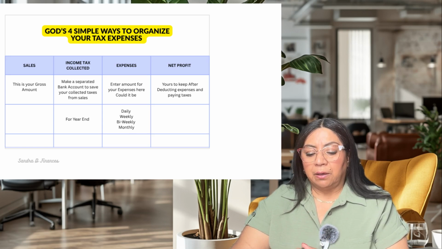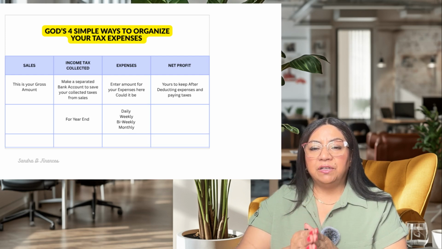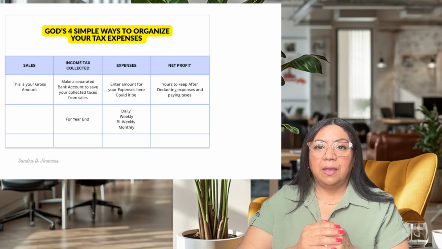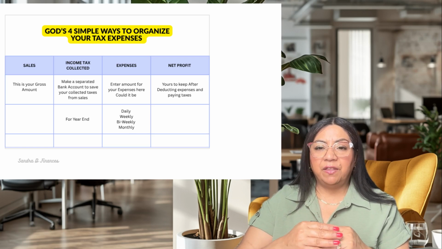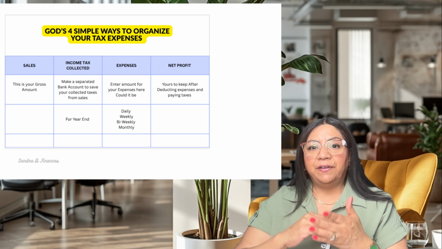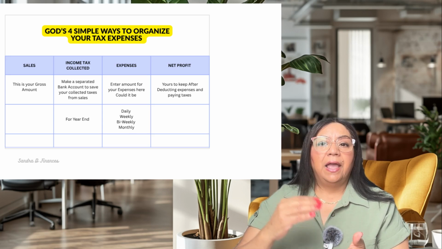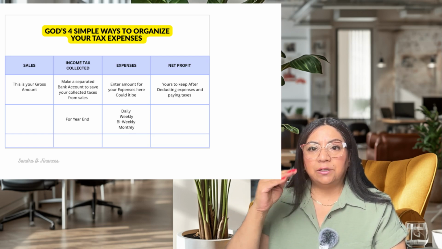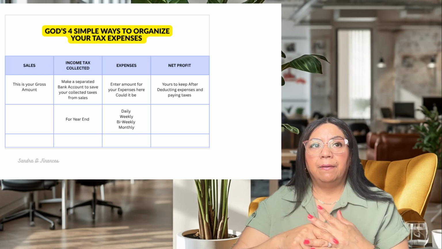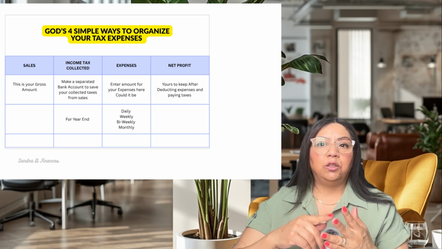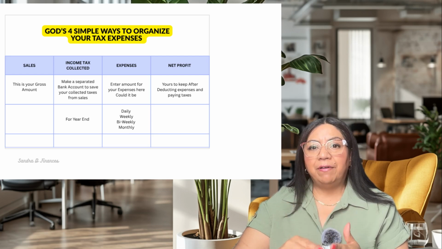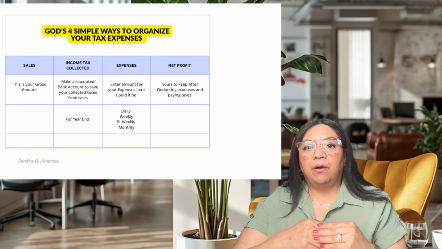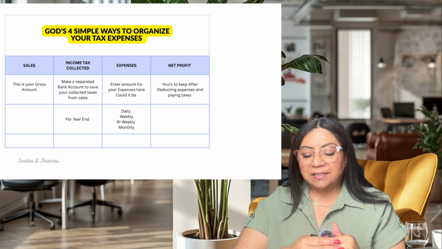Check whether you pay taxes or not on the receipts, and then put it in a separate list, or write it down. You have to write it down. You can do it weekly or monthly, whatever is more comfortable for you.